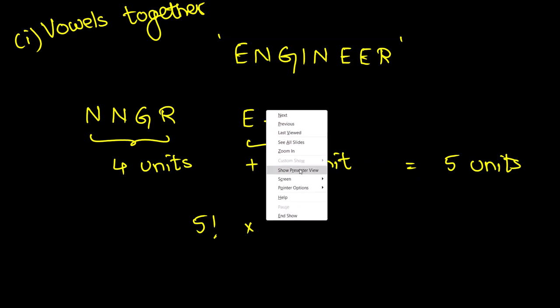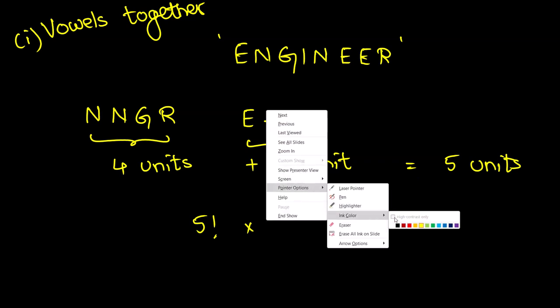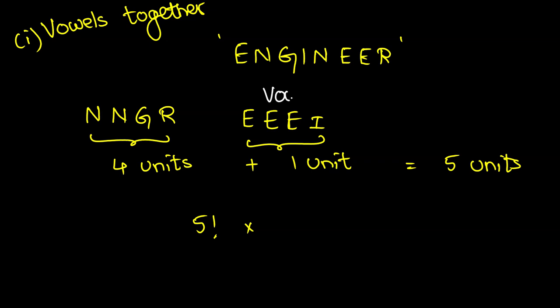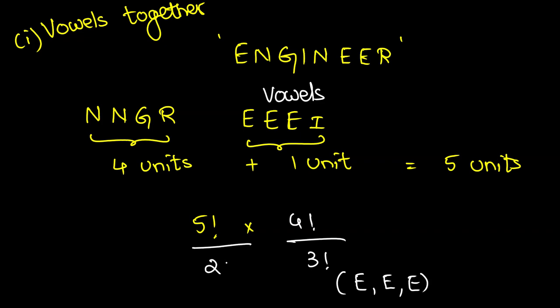How many letters are there in vowels? 4 letters. 4 factorial divided by 3 factorial, this 3 factorial because 3 E's are there. There is one more 2 factorial in the denominator because of 2 N's. Among these 5 units, 4 plus 1, N is repeated 2 times, because of that the 2 factorial extra. You just see the scenario.